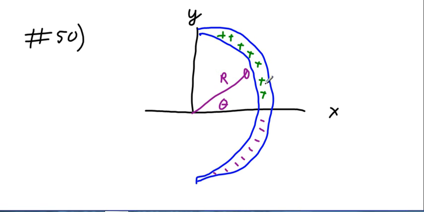Okay, hint. Remember that sine of minus theta is minus sine theta. So the two halves of the rod are positively charged. Okay, so we don't have a positive charge on one side and a negative charge on the other side.